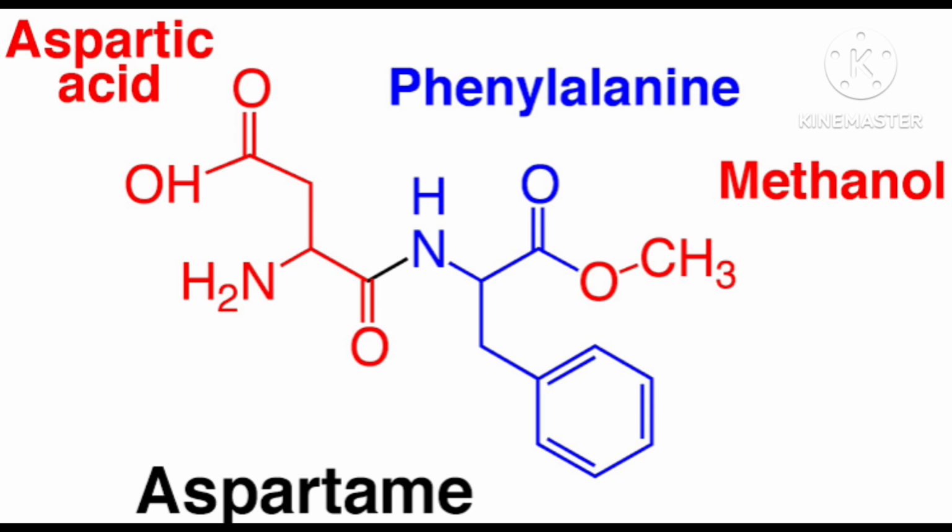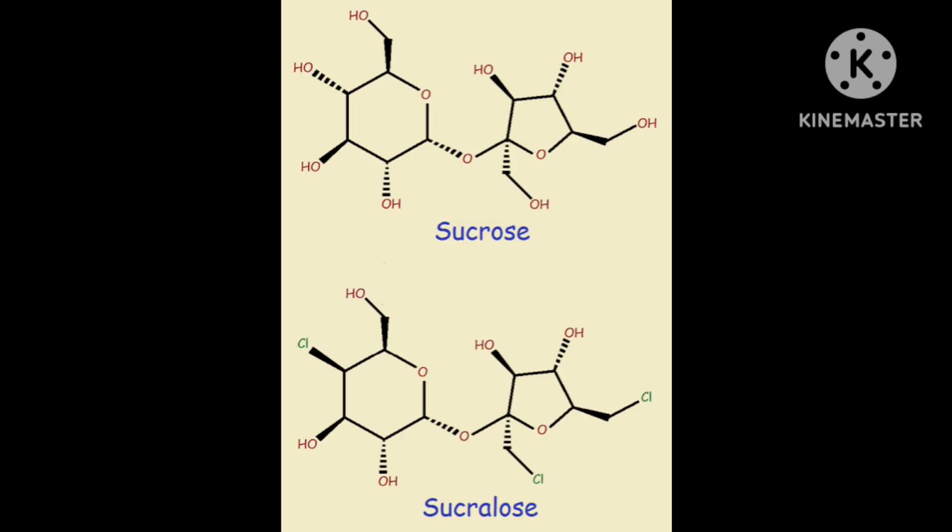It is excreted from the body. How do we get rid of this saccharin? It is excreted from the body in urine. And one more important thing here: if we use this saccharin, it will come out through urine without change, without any reaction.